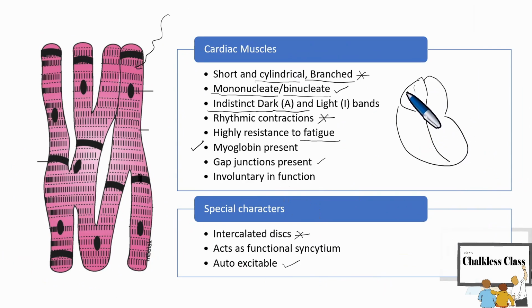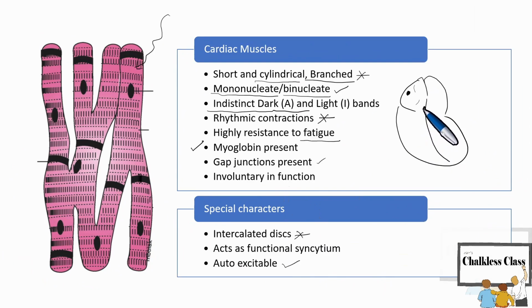In the right upper corner of the right atrium, there is a nodal tissue called the SA node. It is an auto-excitable structure. It generates the contractions and relaxations, which pass to one more nodal tissue called the AV node.